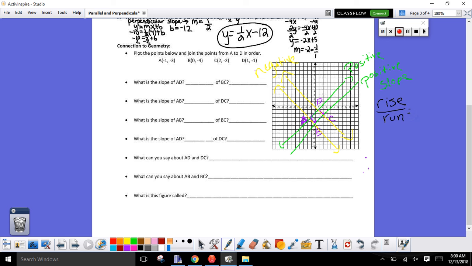Rise over run means that the top number tells me how many units I move up or down, and the denominator tells me how many units I move to the sides, right or left.